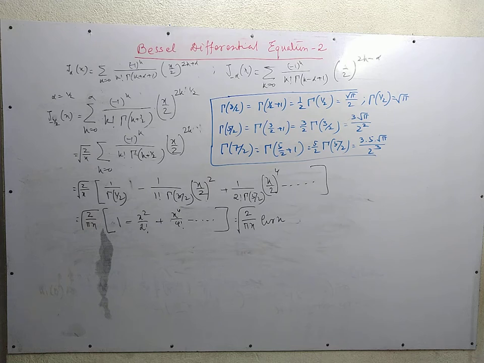Both of them can be obtained from the series starting with C0 by putting the 2 values of m. Here we see that although the roots of the initial equation differ by an integer, both higher and lower root give 2 independent solutions. But when alpha happens to be an integer, only the higher root gives us a solution, and the lower root, that is alpha equal to minus n, does not give us any linearly independent solution.